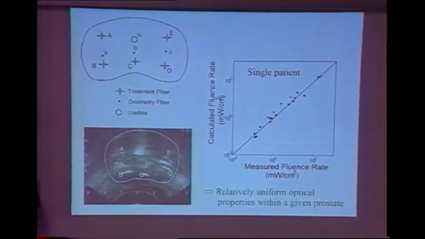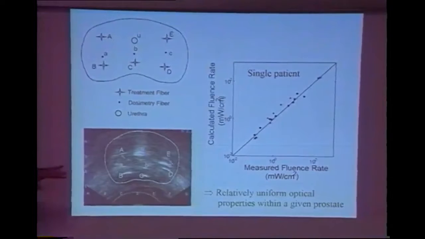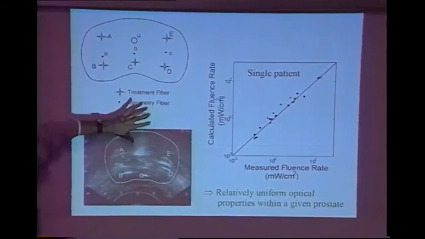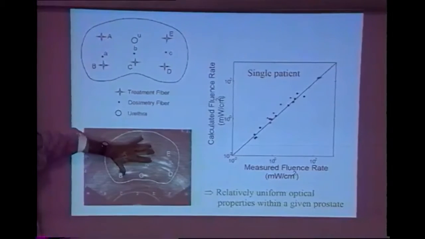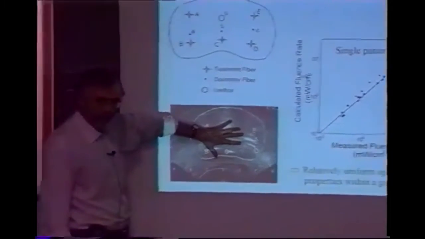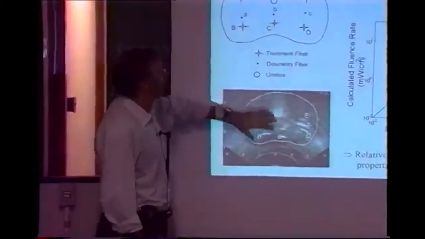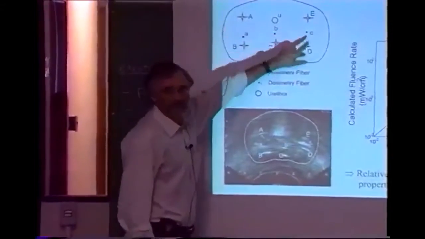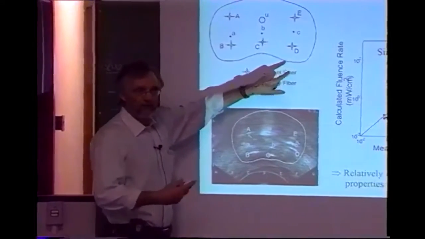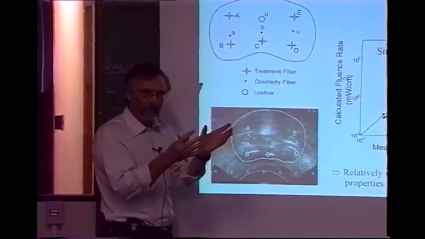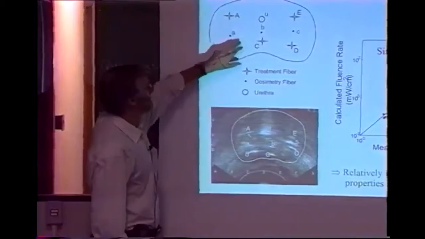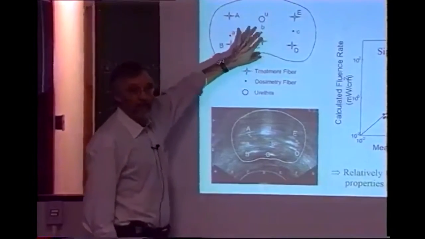What you do, like in brachytherapy, is try to get the intensity, the overall illumination, uniform. So what happens is that the treatment is pre-planned. We plan the position of these fibers and the amount of light to give a uniform distribution, but then we have to check that and confirm that in the individual patient.